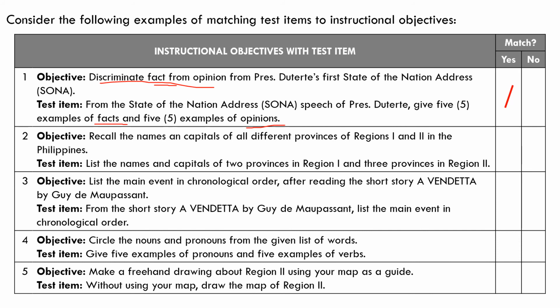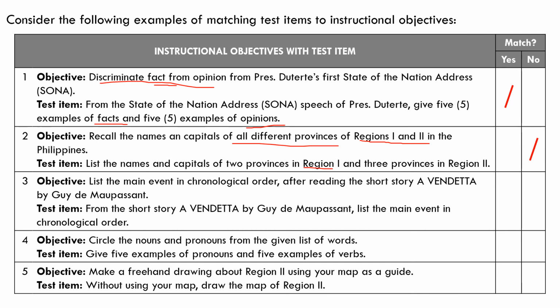Please take note, our objective is to recall the names and capitals of all different provinces, but the test item only asks for a few. Is this a match? Of course, it's not a match.